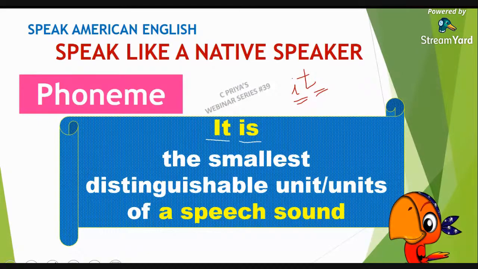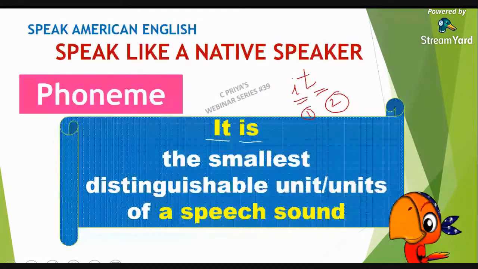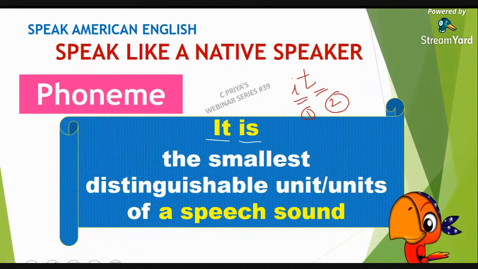There are two units, we call them two different speech sounds. So this is phoneme 1, the E sound, and the T sound is phoneme 2. Okay, I hope this is clear. Phoneme is the smallest distinguishable unit or units of a speech sound.